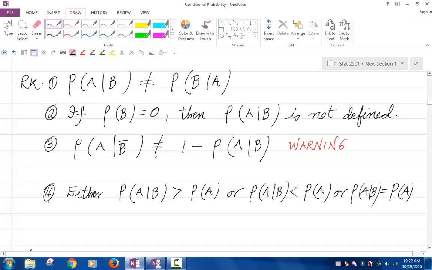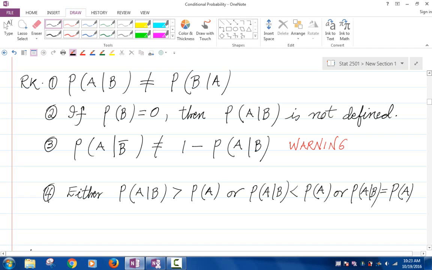Three, the probability of A given B complement is not 1 minus the probability of A given B. So that's just a warning: when you see the probability of A given B complement, you think about what's the probability of A complement? That's 1 minus the probability of A. So sometimes you tend to use that here, but it doesn't work.